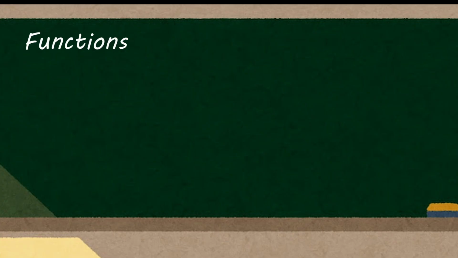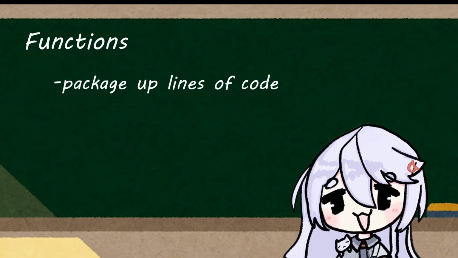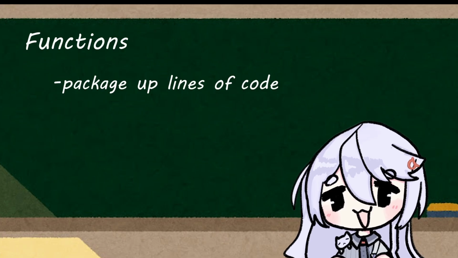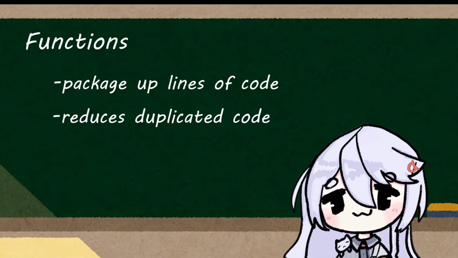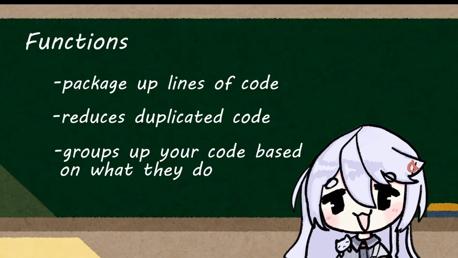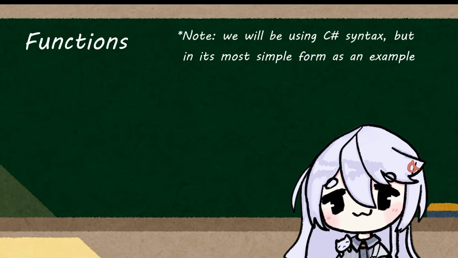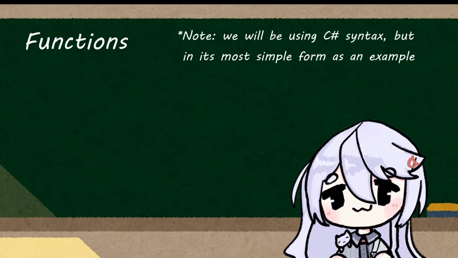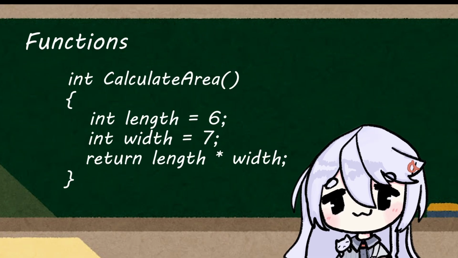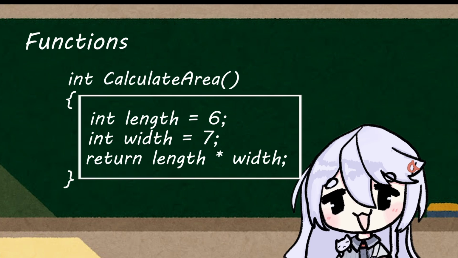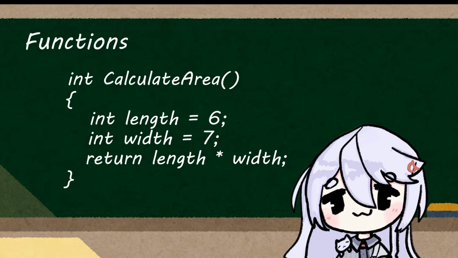Functions. A function lets you package up lines of code to reuse later. This reduces duplicated code and groups up your code based on what they do. Different languages have different ways of writing code, so let's just pick C# as an example. These are the lines of code that the function will run.